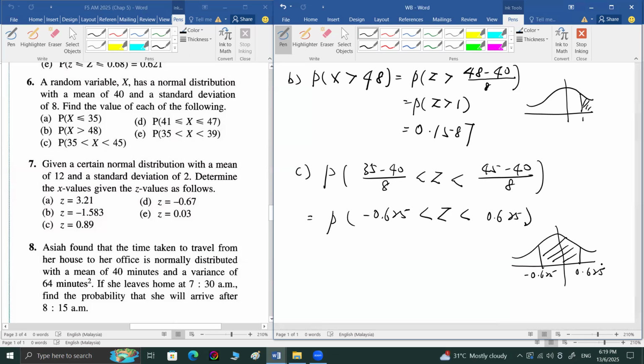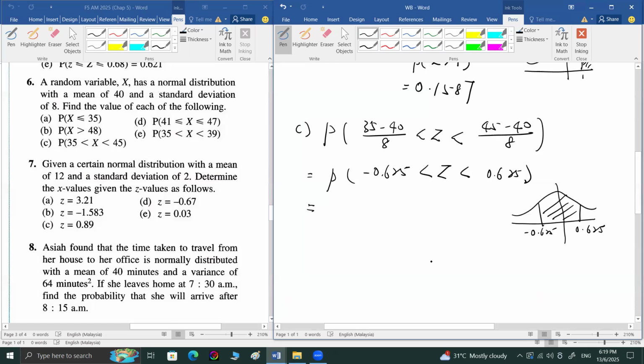For you that are using MS1, you have to use the calculator to do the minus. That's why using MS1 is a bit of trouble here. You get 1 minus these two, but actually these two areas are the same, 0.625.